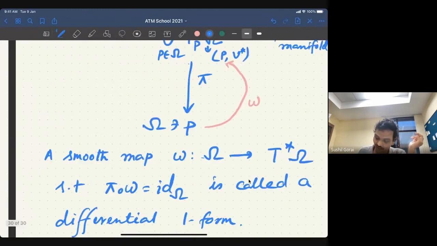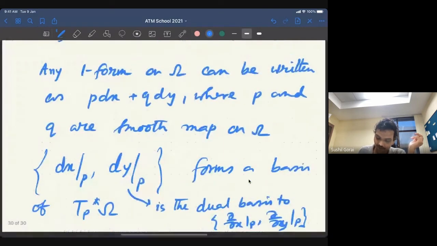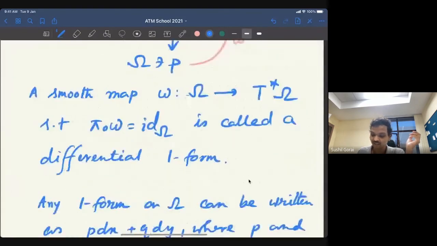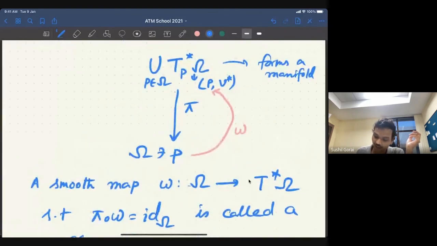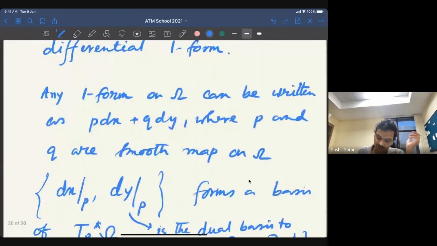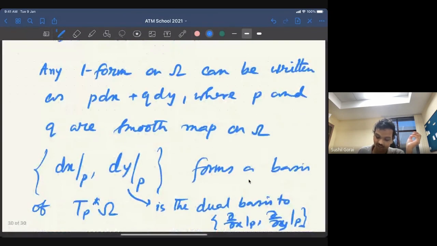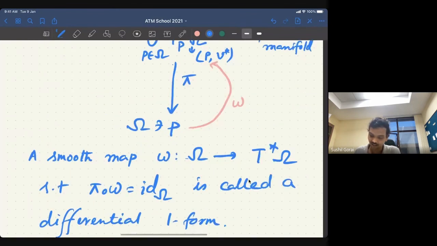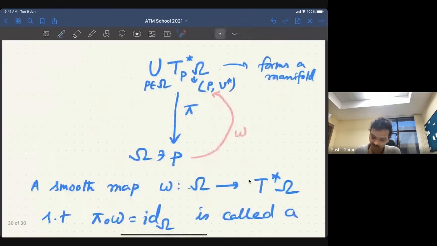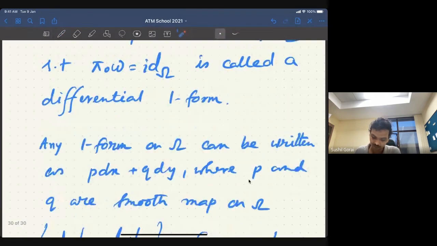So therefore, you get functions p and q, right? As you move p, it will vary continuously, and therefore when you look at this linear combination in terms of dx_p and dy_p, there will be two constants. Those constants will move smoothly, and you get functions, and those functions are this p and q.